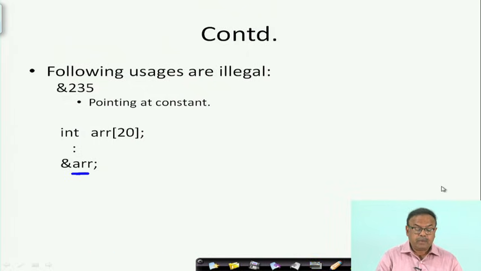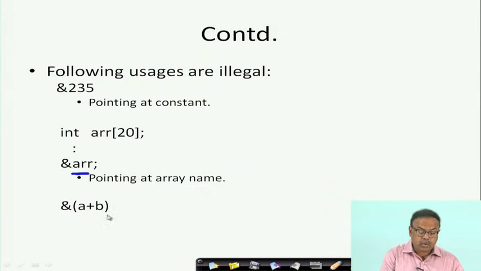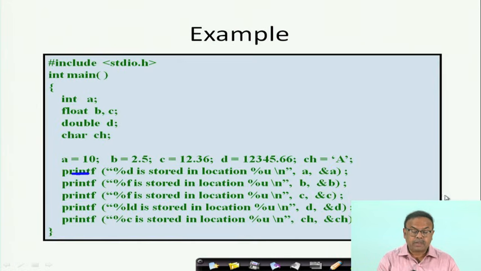Therefore, I cannot show it like this, it is just pointing at an array name, it is not pointing at the array. We cannot also do &(a+b), because if a has some value and b has some value, then I add them and that will be a value, and the value does not have any address.